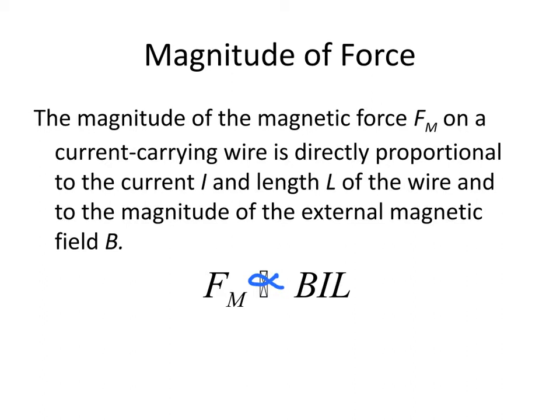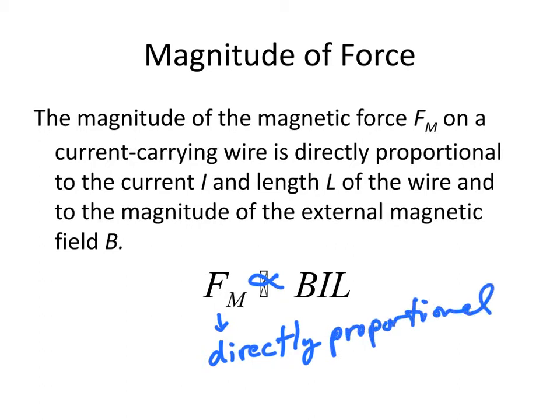That tells us that magnetic force is directly proportional to magnetic field times current times length. So those are the three factors that affect the magnitude of the magnetic force acting on the wire. Actually, this should go like that. There we go. That means directly proportional to.